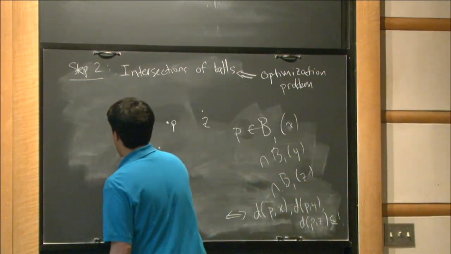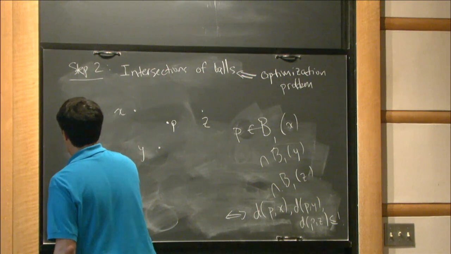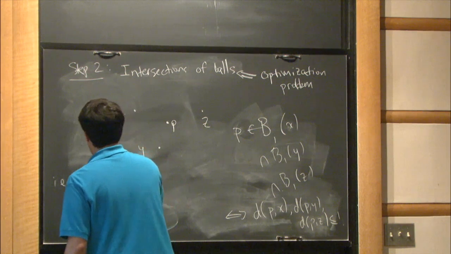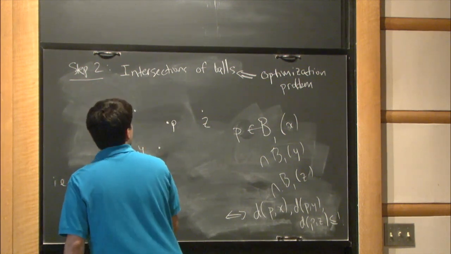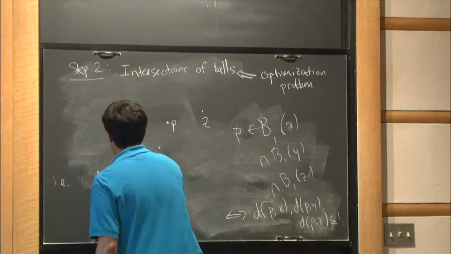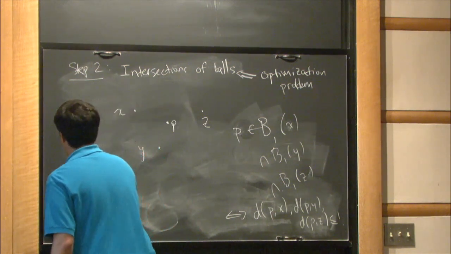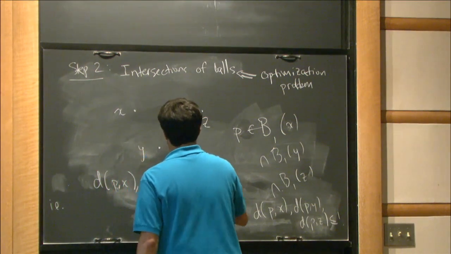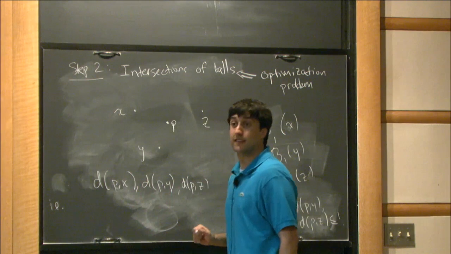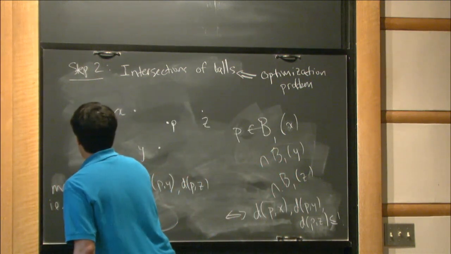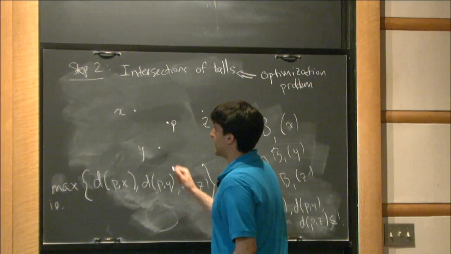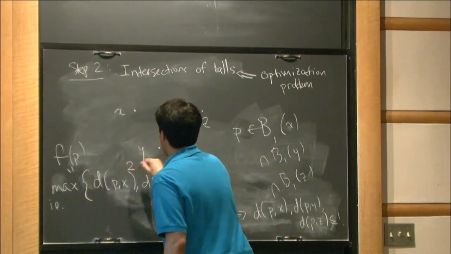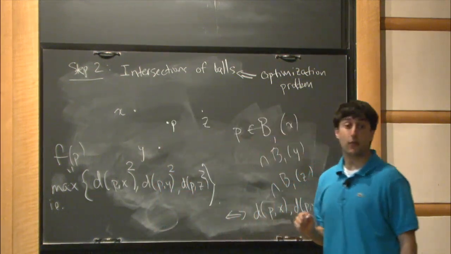In other words, if you take the function that is the maximum of the distance from P to x, the distance from P to y, and the distance from P to z, this is some function of the point P. For some reason, I'm going to replace these distances by distances squared.